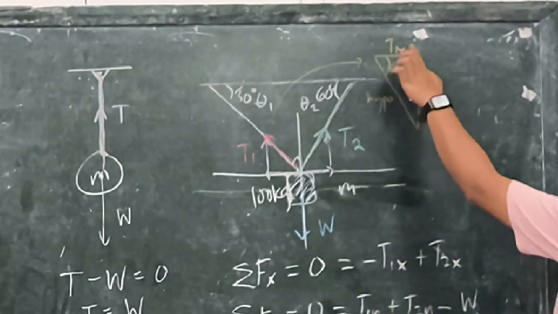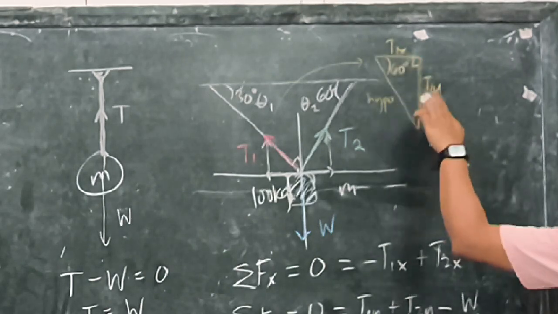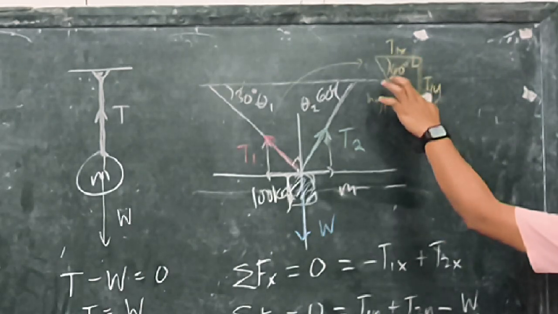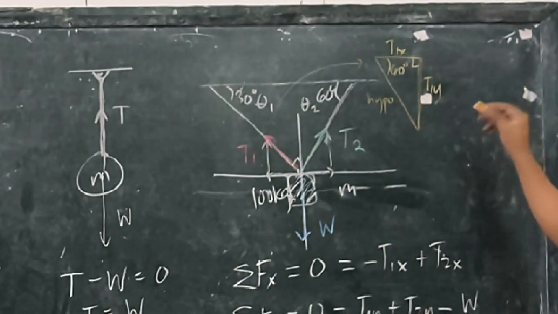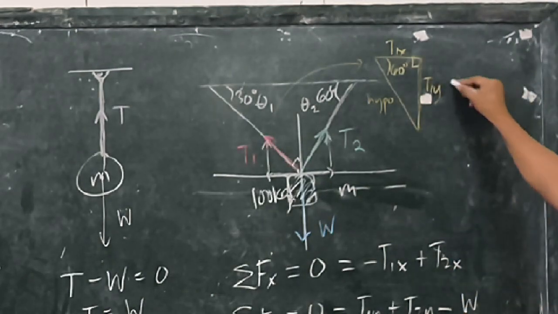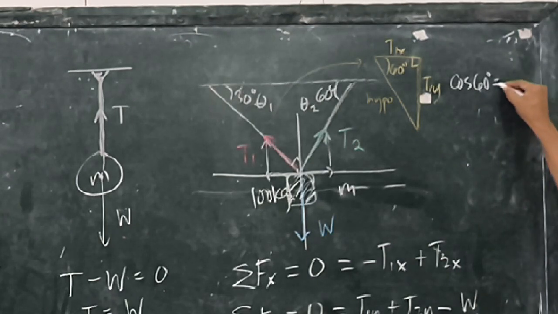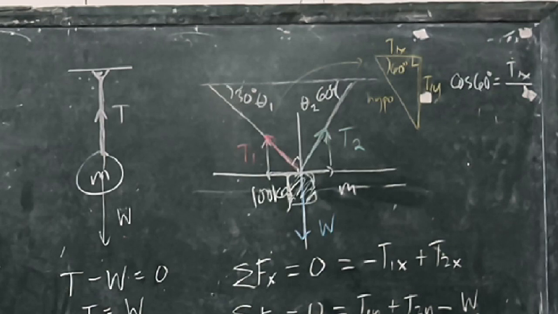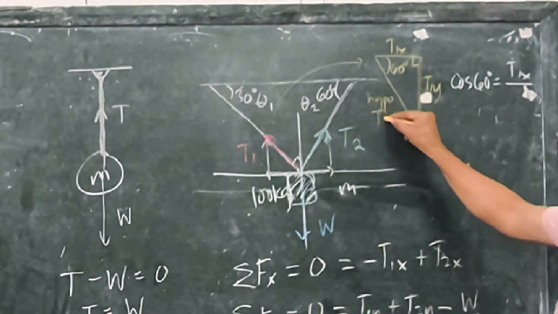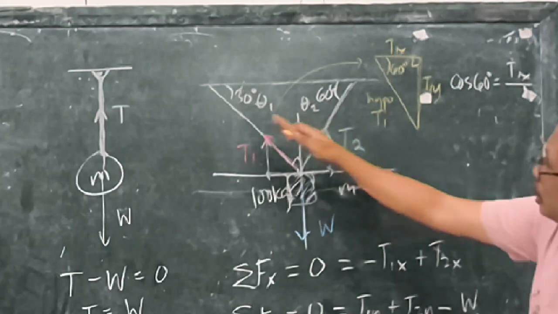And of course, this is the adjacent and this is the opposite. Recall your trigonometry. In this case, we can use cosine of the angle, which is 60 degrees, equal to adjacent, T1x, over the hypotenuse. The hypotenuse now is T1.